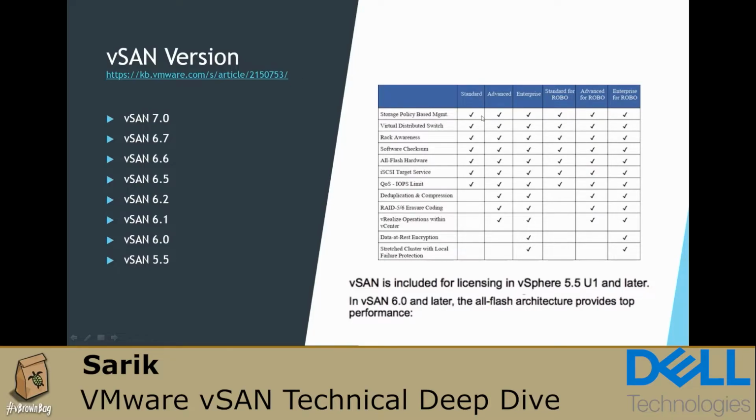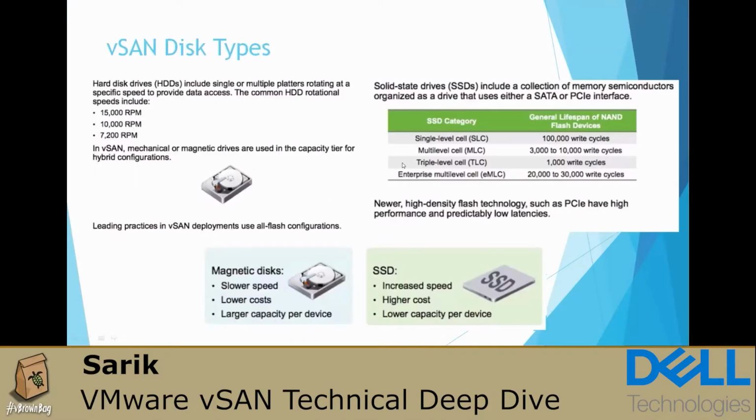We can also see the licenses we have with vSAN: standard, advanced, enterprise, ROBO, and advanced for ROBO and enterprise. vSAN licensing was available from 5.5 U1 and after. From vSAN 6.0, we had all flash architecture with vSAN, and before that we had only hybrid mode. So that's about vSAN versioning.